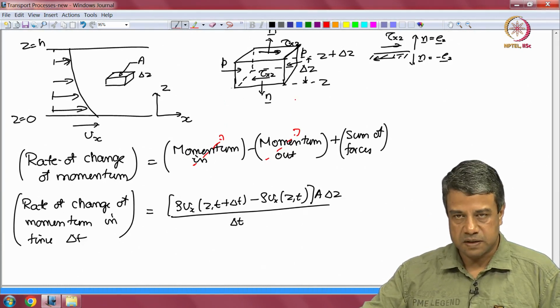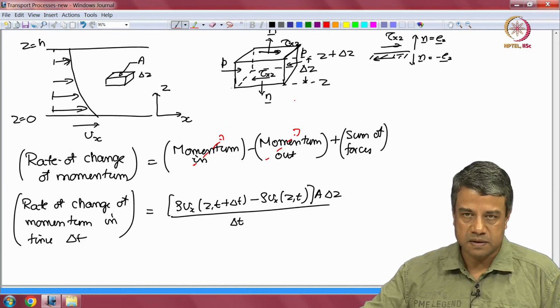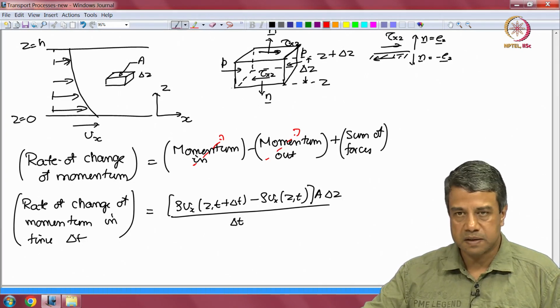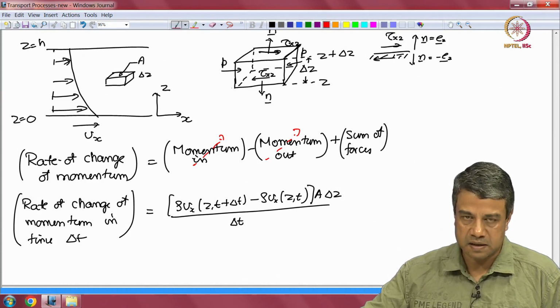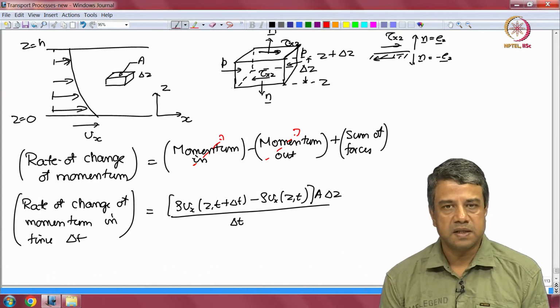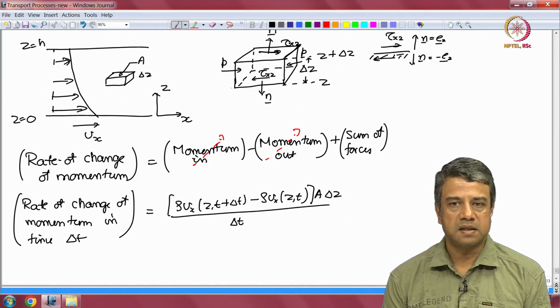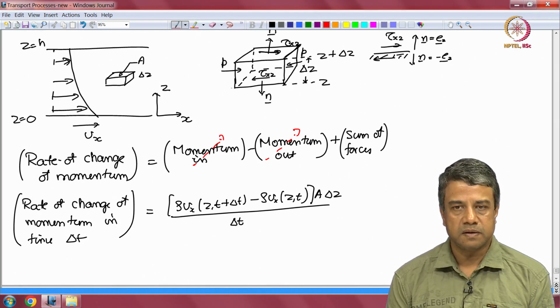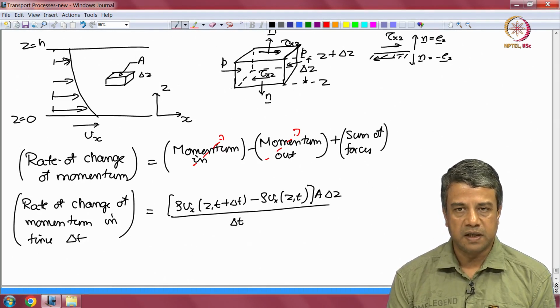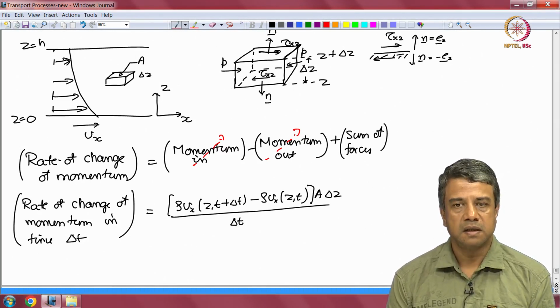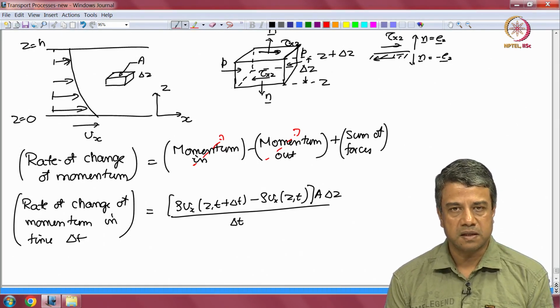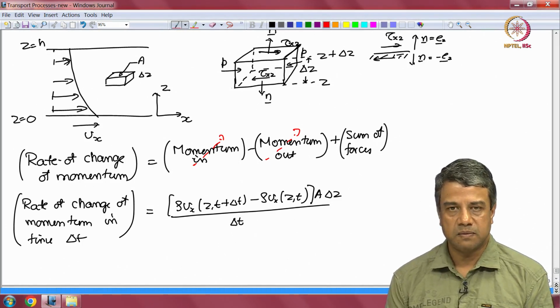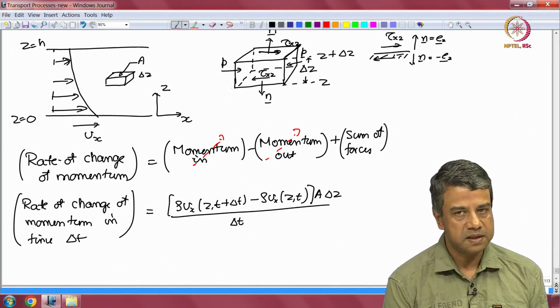What are the sum of forces? One is a pressure force. Pressure on the left side and pressure on the right side acts perpendicular to the surface and therefore in the x direction. Pressure is always compressive; it always acts along the inward unit normal. If the flow is unidirectional and there is no variation in the x direction, then the pressure on the left side will be exactly equal to the pressure on the right side.